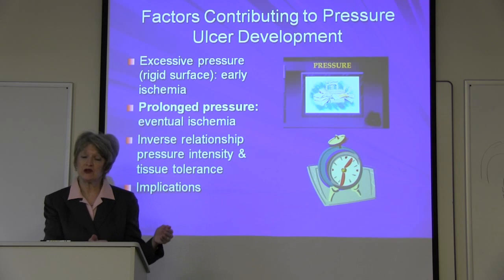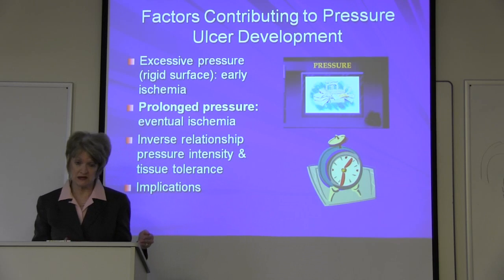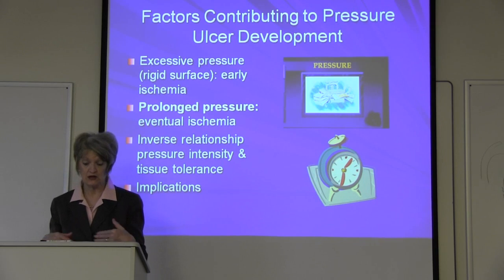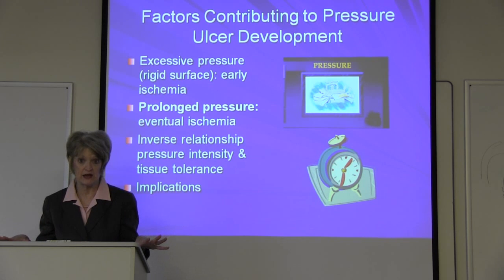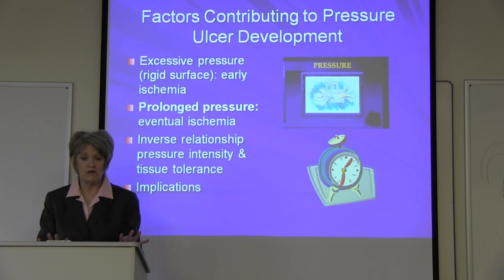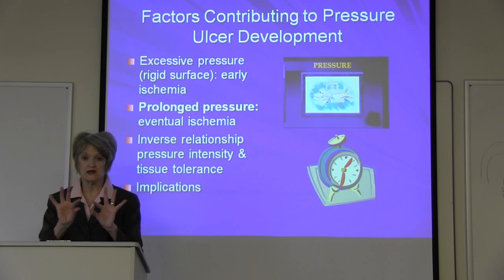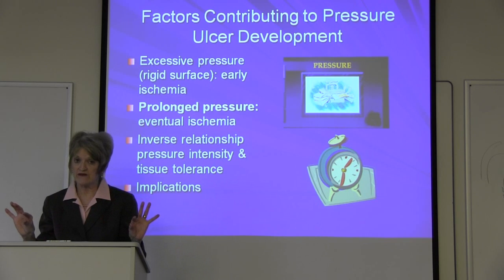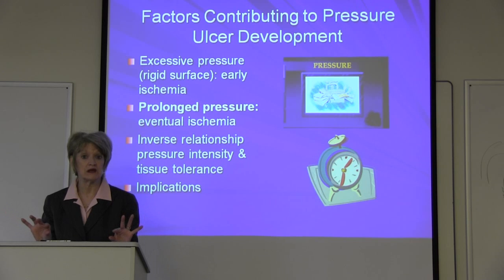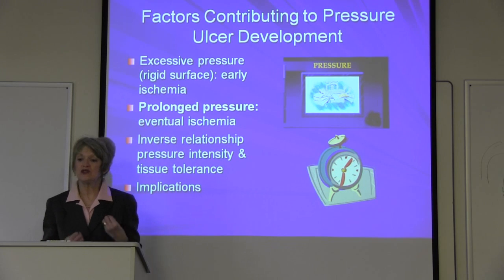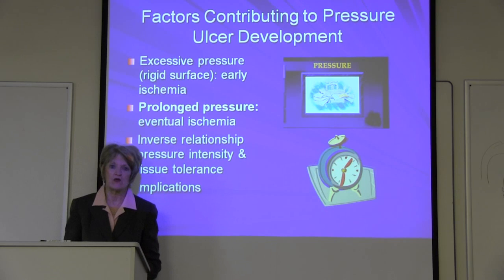So now let's look at the much more common scenario, where the patient's on a hospital bed equipped with a pressure redistribution mattress. So yes, there's some degree of blood vessel compression, but it's not complete. It's partially compressed. I want you to think about a 4-lane highway where you have partial interference to traffic.